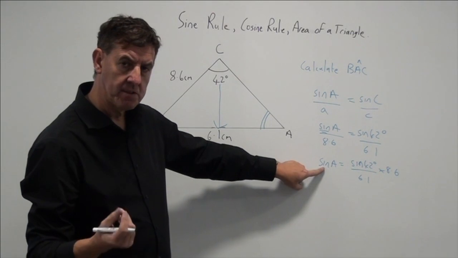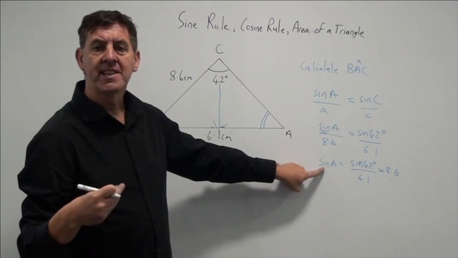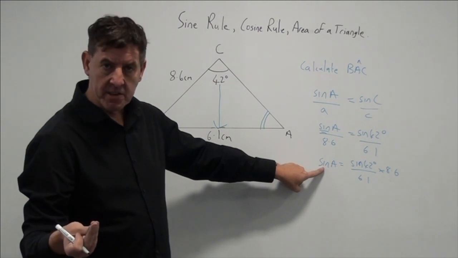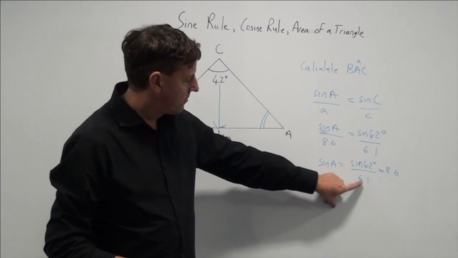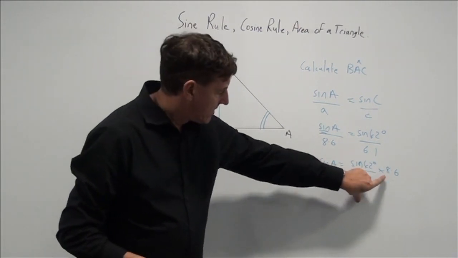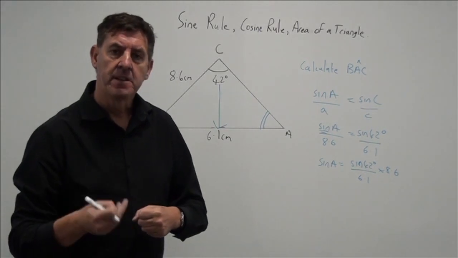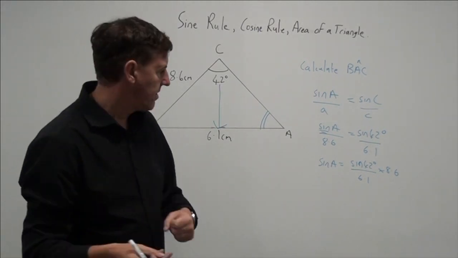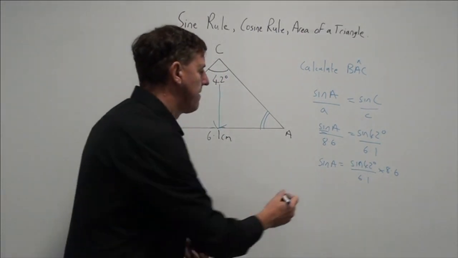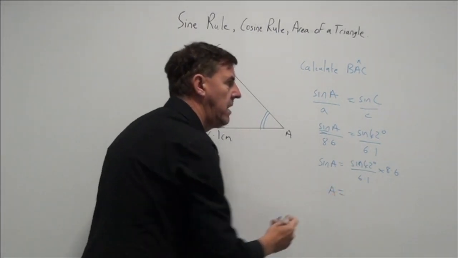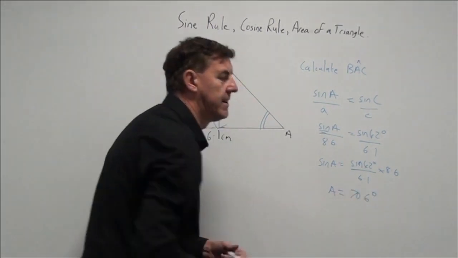Remember on your calculators when we did the trigonometry lesson, we got rid of sine by doing sine inverse. So what am I going to do? I'm going to type that into my calculator, sine 42 divided by 6.1 times 8.6, and then don't forget to press sine inverse to then get rid of that. Okay, final answer, when you type that in, comes to 70.6 degrees.